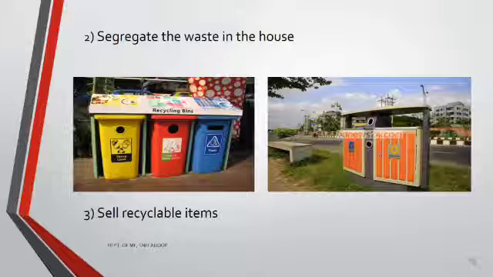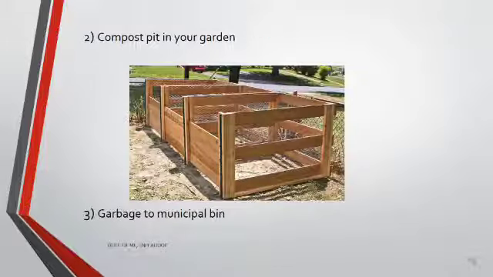Self-recycled items: crafts are made from the solid waste. Craft designs are made from recycled materials, so we can sell that recycled item. A compost pit should be made in our garden to reduce the solid waste.